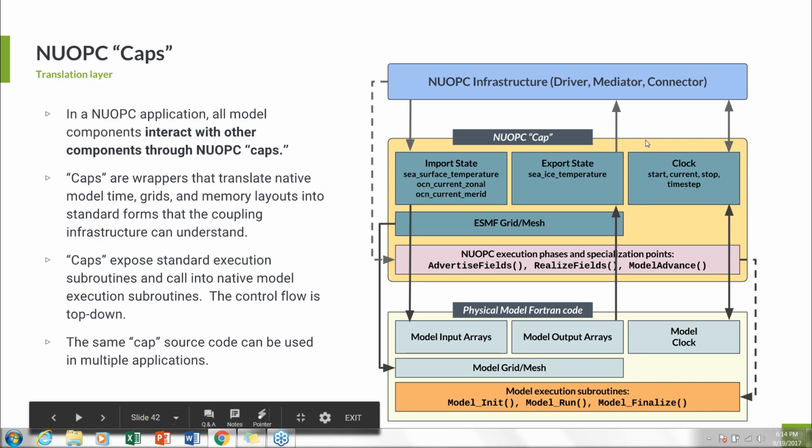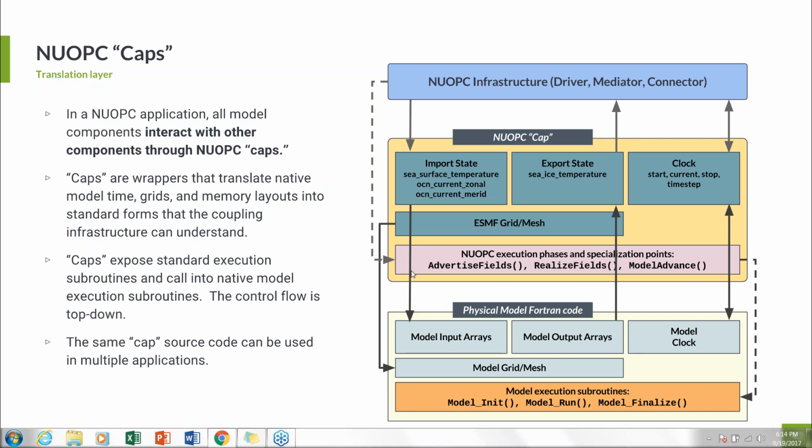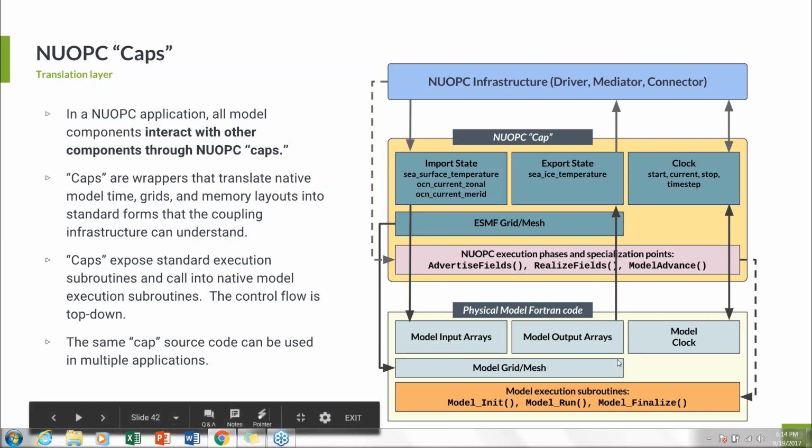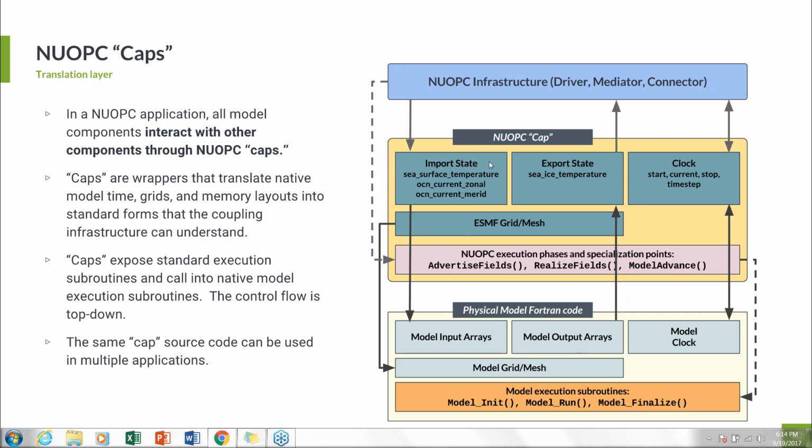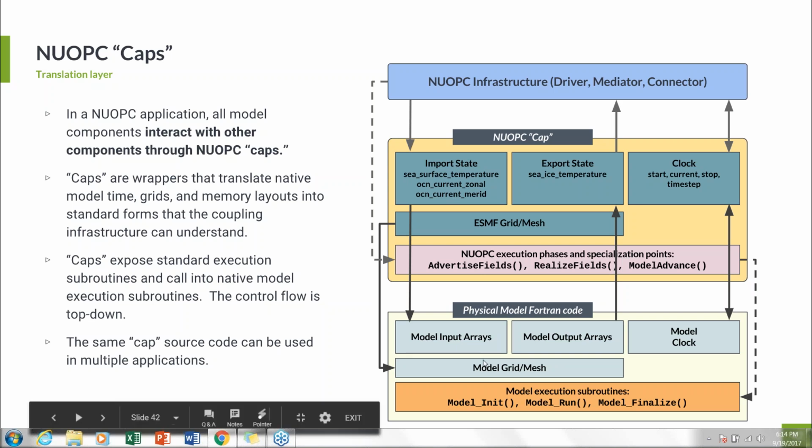So the cap sits on top of that and provides a common interface to all of these. However you've laid out your physical field arrays will be wrapped as ESMF fields and put into the import and export state. And however you've represented your grid will be wrapped as an ESMF grid.